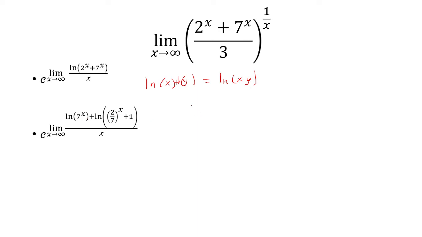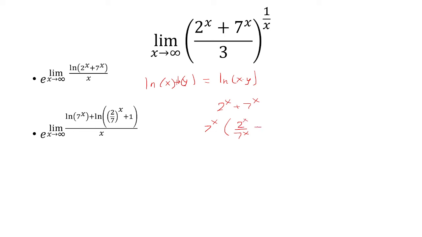And the way I did this was, okay, let's take 2 to the x plus 7 to the x. Let's factor out a 7 to the x. So if I factor out a 7 to the x, that means I have to divide by 7 to the x. If I'm dividing by 7 to the x, these are going to cancel, and that's good.